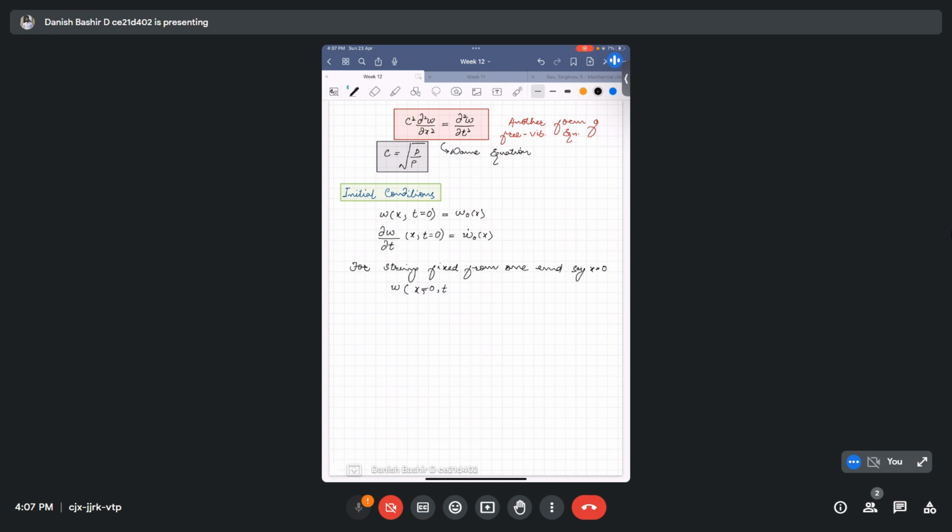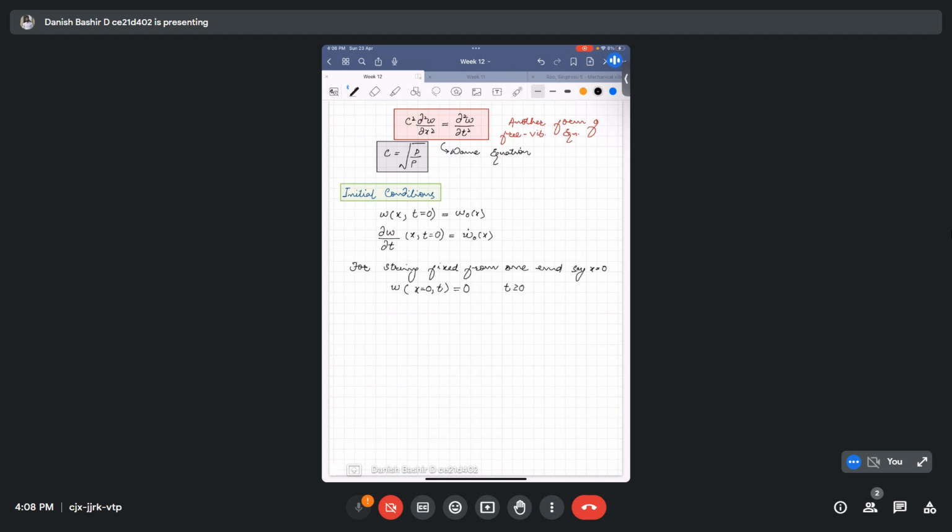Here the time initial condition is not there; it is a different case. At x equal to 0 at any time t, it is equal to 0, for all time t greater than or equal to 0, throughout the motion of the body. If the string or cable is connected to a pin and can move in a perpendicular direction, we can have different types of boundary conditions. You will see that yourself.